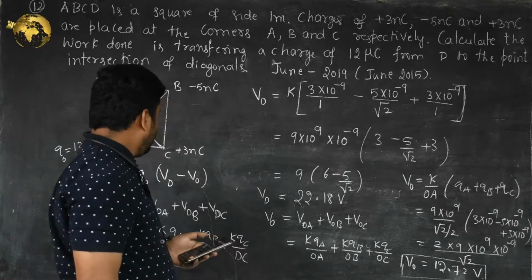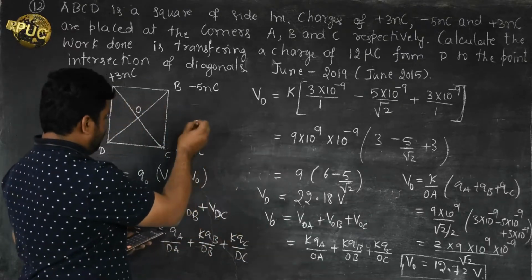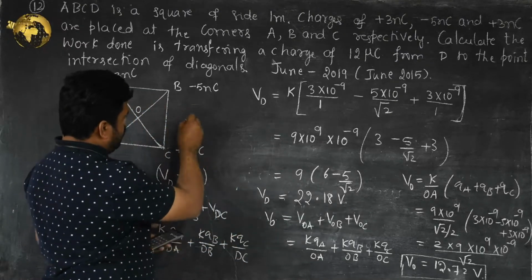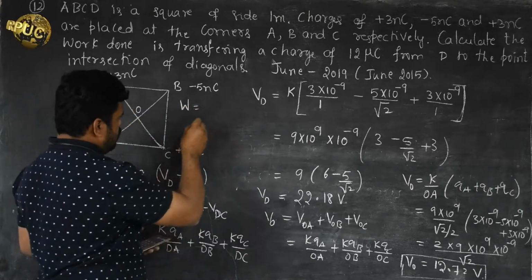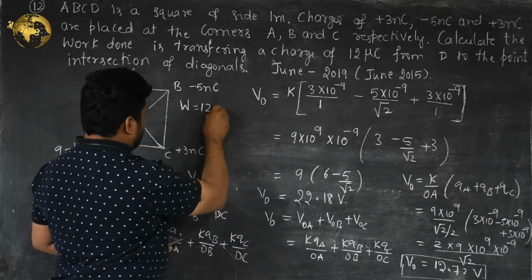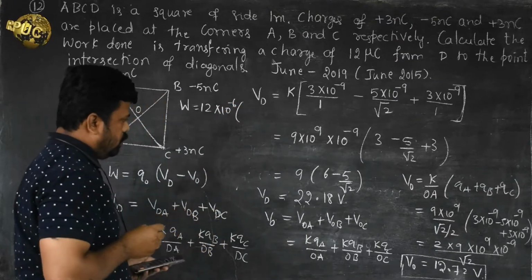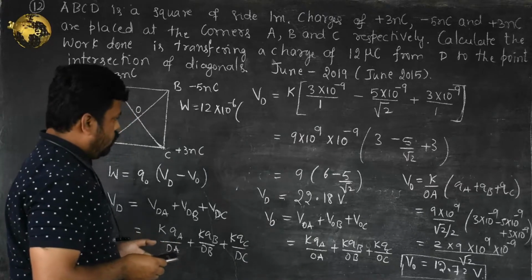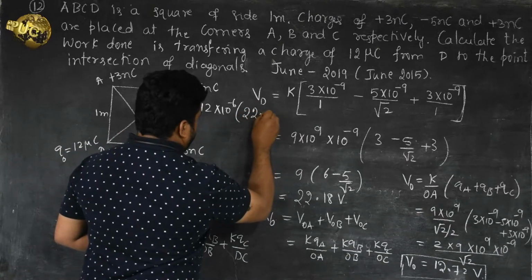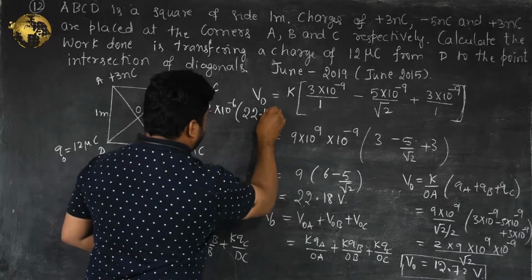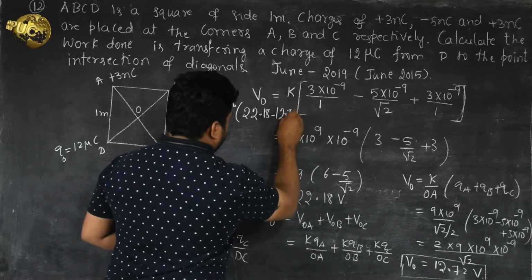So the value of work done, I'd like to write here. Q0 is 12 into 10 to the power minus 6, that is 12 microcoulomb, and this is going to be 22.18 minus 12.72.